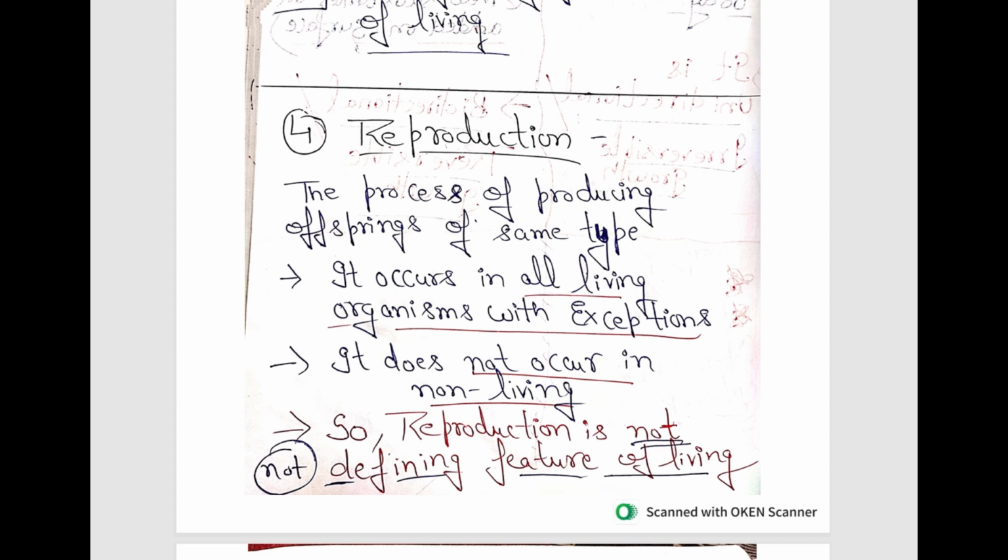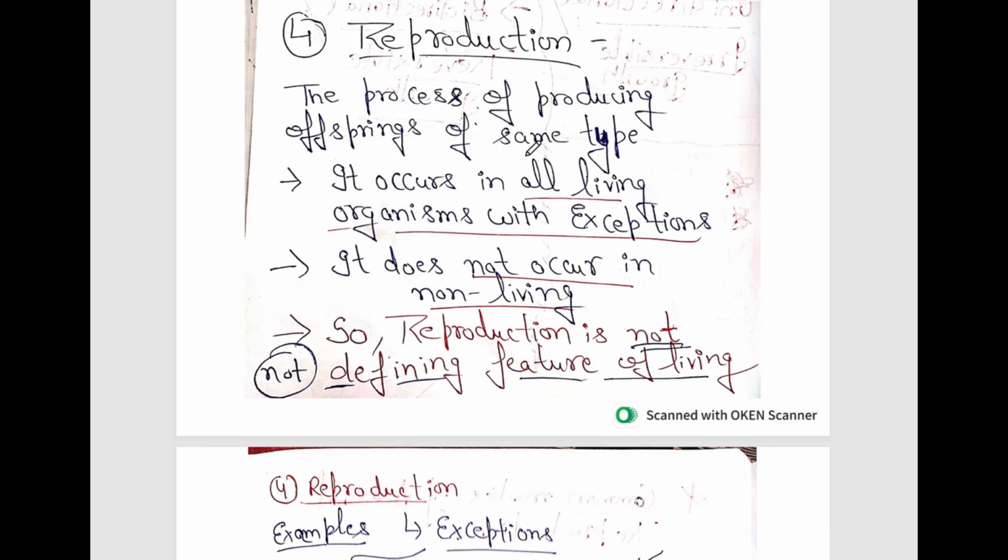There are living organisms which cannot or do not reproduce, like sterile human couples and worker bees. So reproduction cannot be taken as a defining characteristic of living organisms. The process of producing offspring of the same type occurs in all living organisms with exceptions.